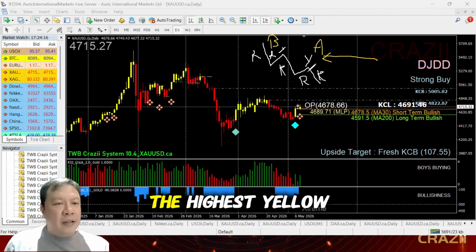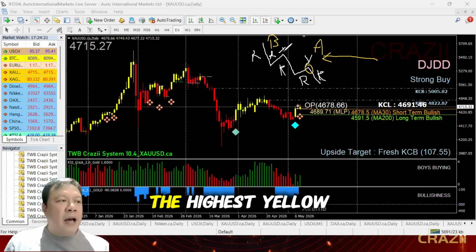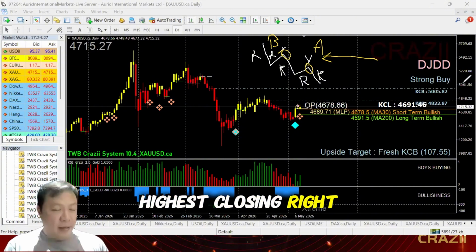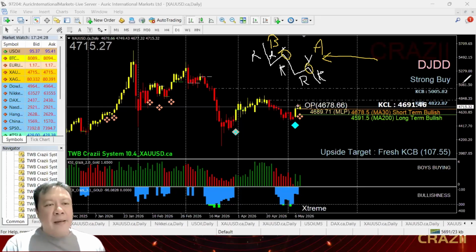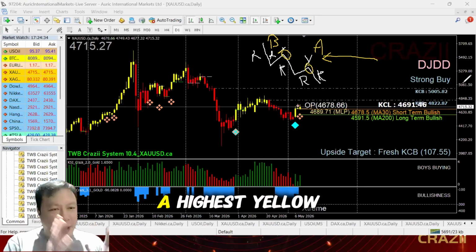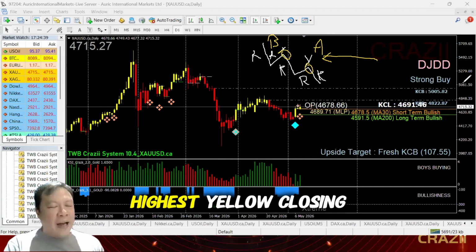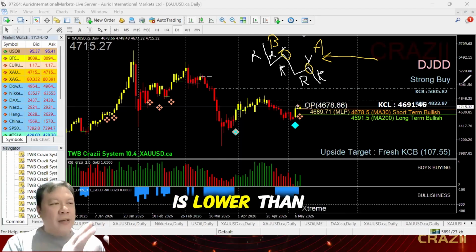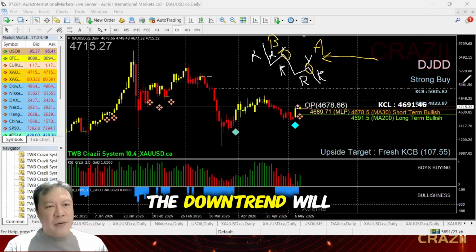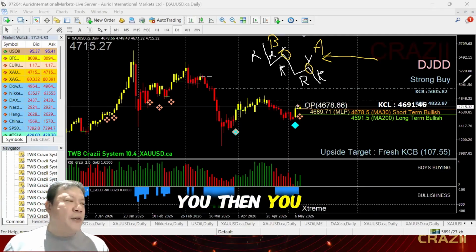If A highest yellow closing is lower than B highest yellow closing, that means that the downtrend will likely continue. Can you understand that? Okay, let me show you so that you understand this.